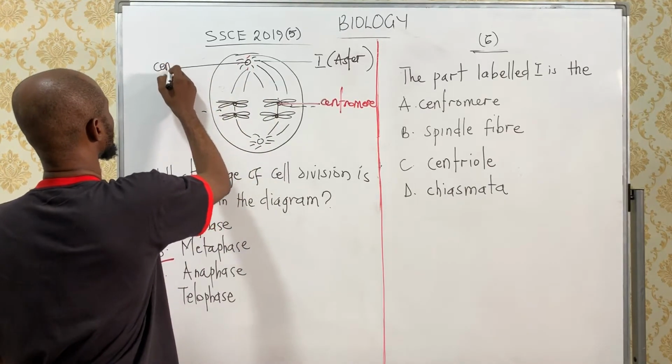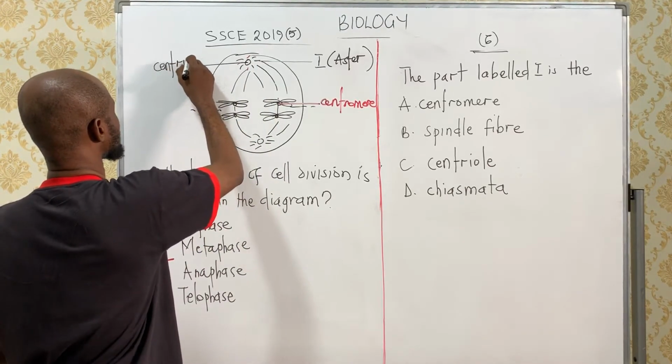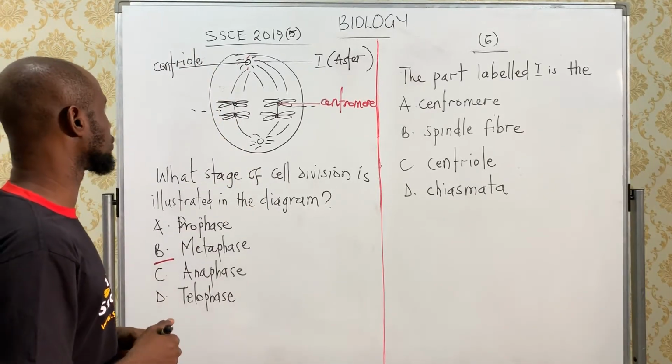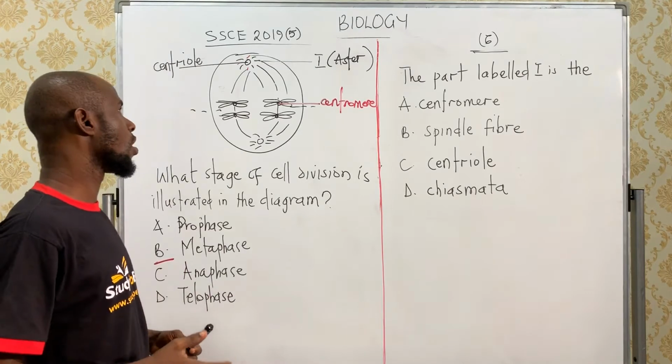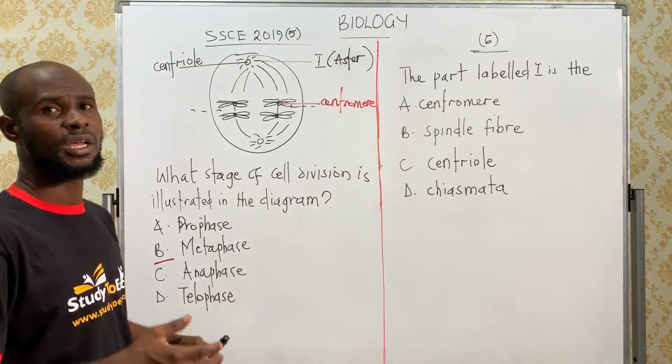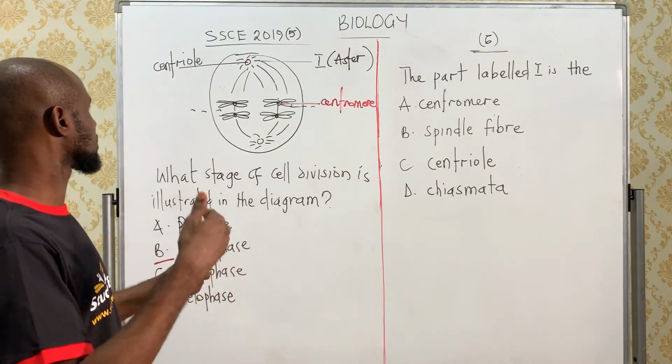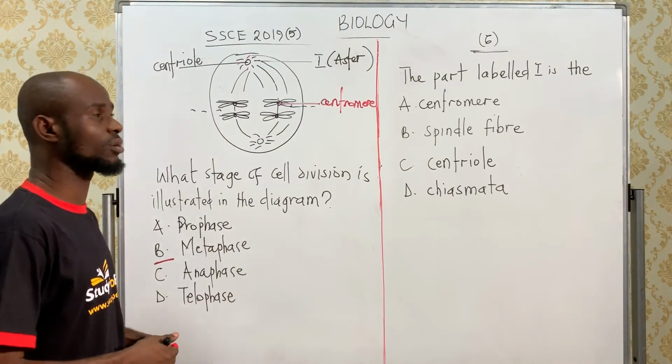This is the centriole, and we know that the centriole is found only in the animal cell, and its function is that it helps to produce the microtubules, or spindle fibers, that assist in the splitting of the sister chromatids during cell division.